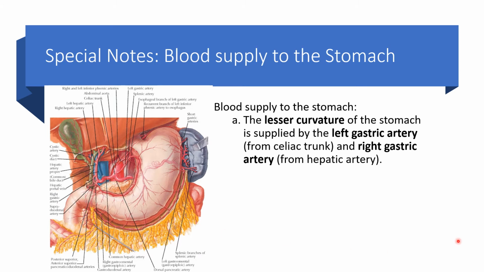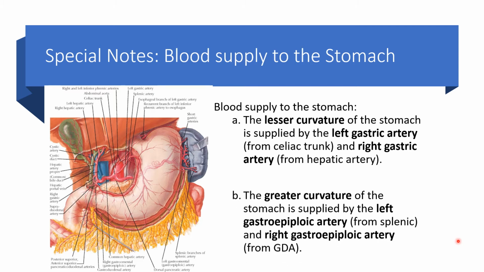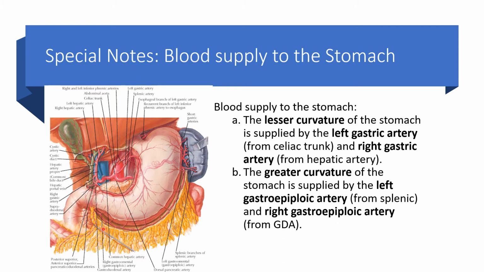So the lesser curve is supplied by a gastric artery, which can be either right or left. Your greater curvature is supplied by the gastroepiploic arteries. So you have your left gastroepiploic coming off the splenic, and your right gastroepiploic coming off the gastroduodenal. And of course, there are some short gastrics as well, which give blood supply to the stomach.